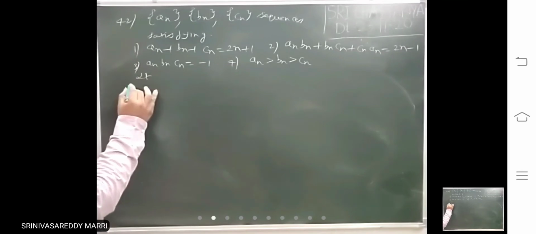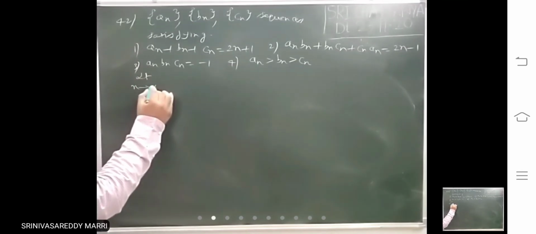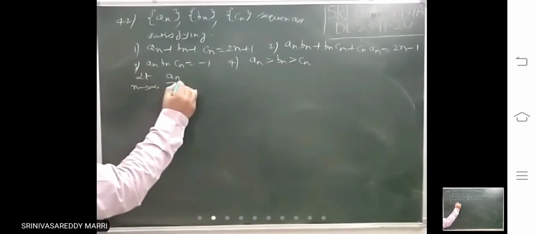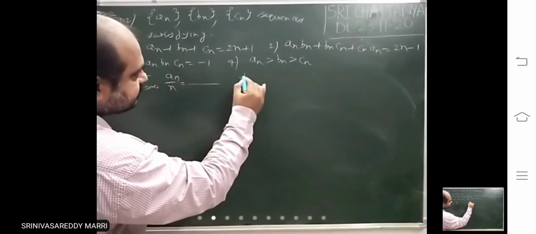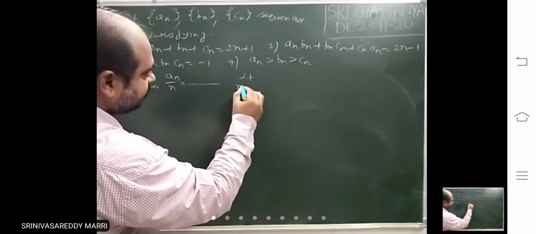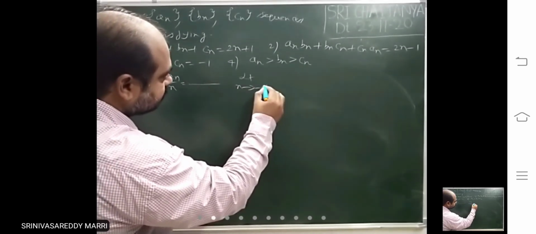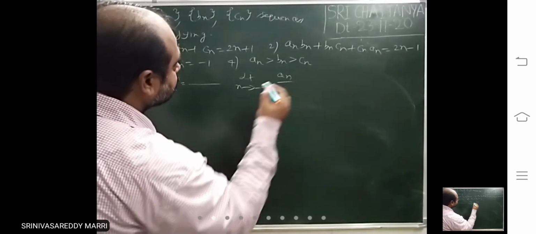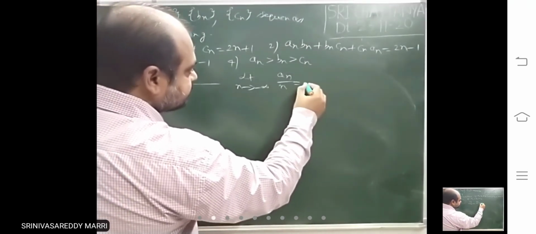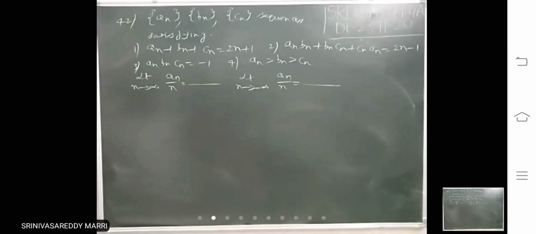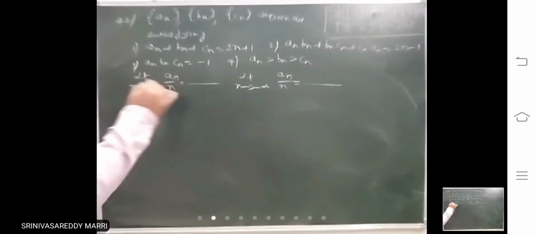What he is mainly asking in the problem, look, is a limit equal to something. First you have to observe the question. You have to calculate what a_n is in terms of n, and then you can apply this limit.